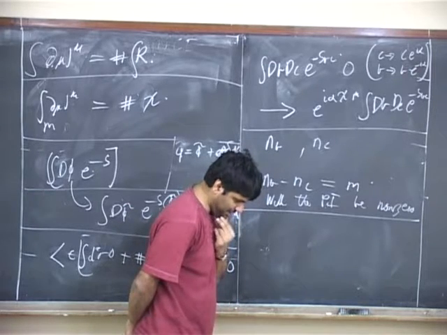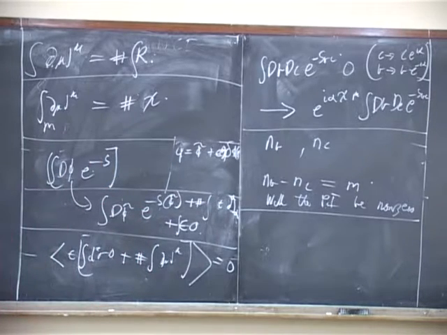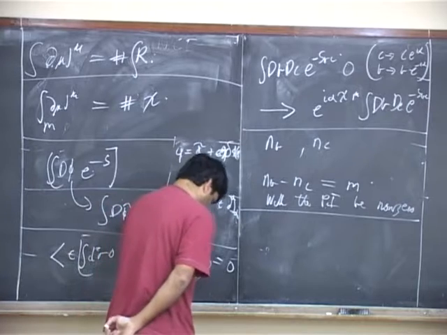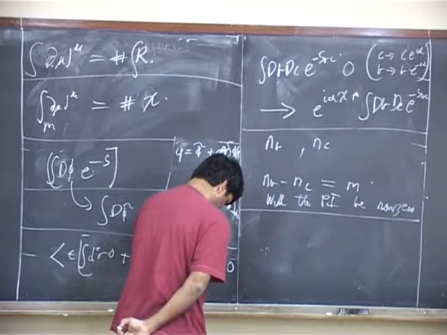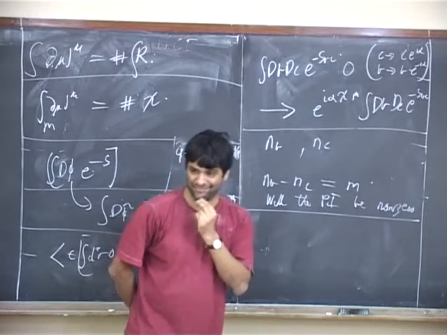Let me try to see if I can independently explain that. We also saw that the ground state of the theory was not identical. It's somehow related to that. Yes, exactly.